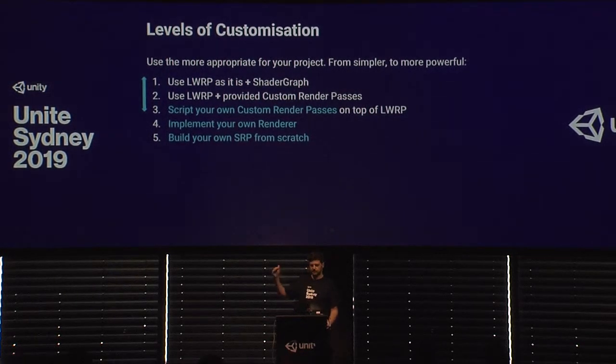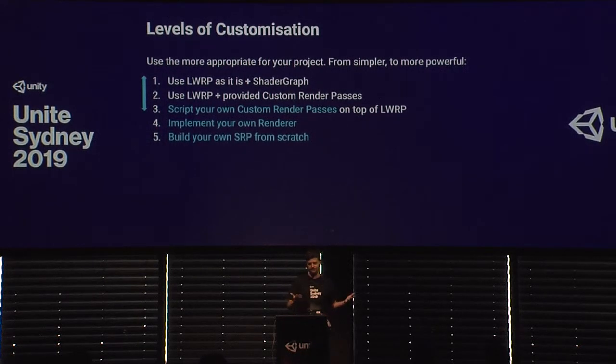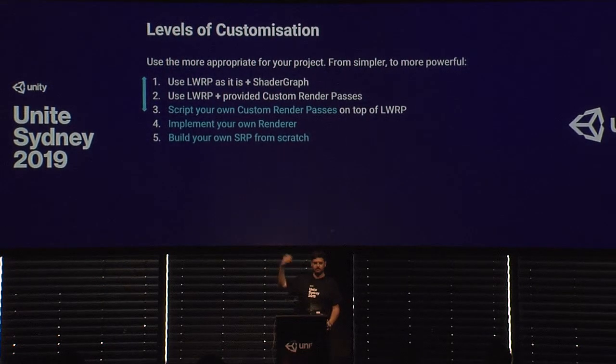But as you move towards points 4 and 5, you're venturing into a territory where, of course, you're making a lot of work first. Second, you're probably authoring your assets to cope with that solution. So if you go back, then you will need to swap materials, swap shaders, so there's a lot of work involved in that.